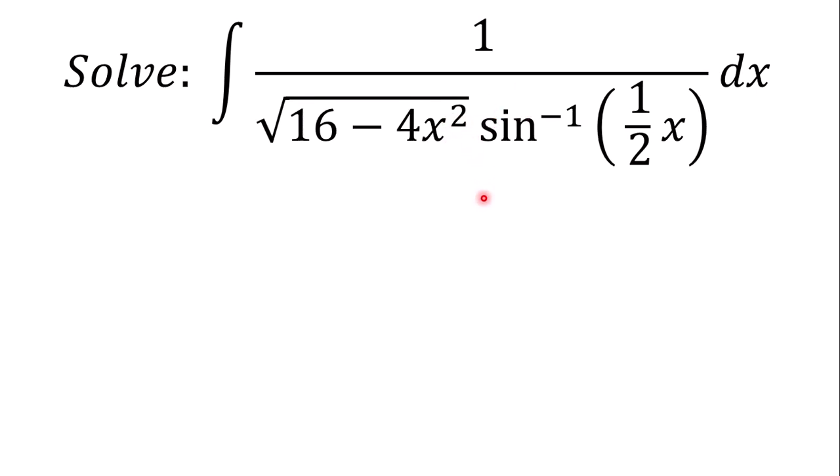Okay, so first let's write our solution. All right, let's bring it down here, where we are going to solve the problem.